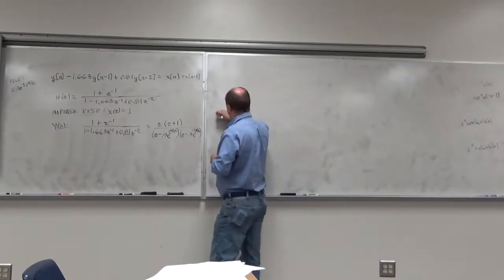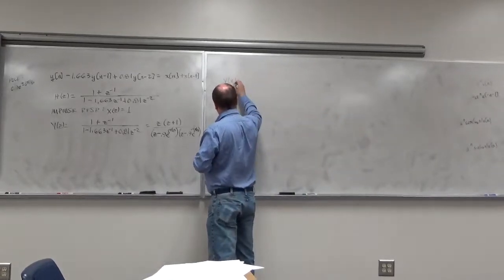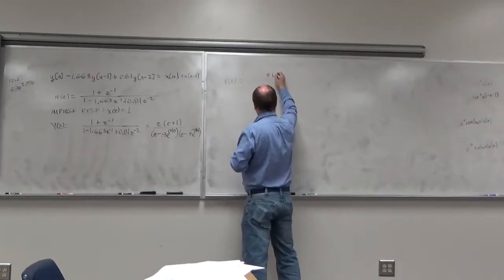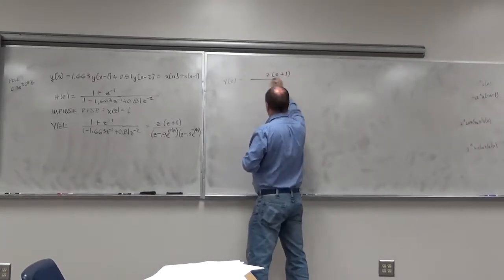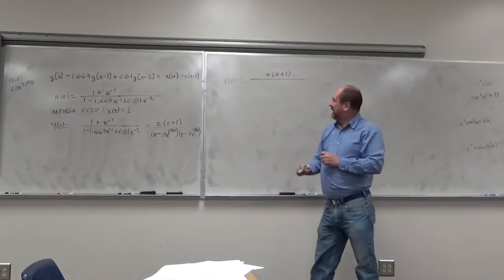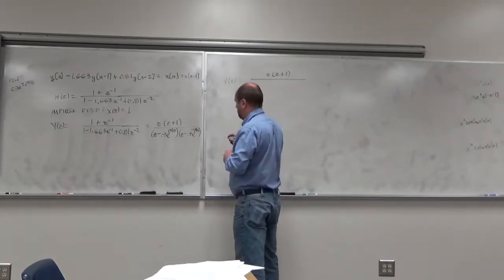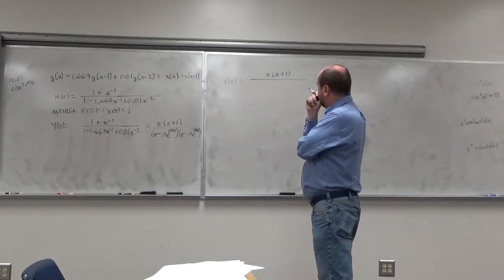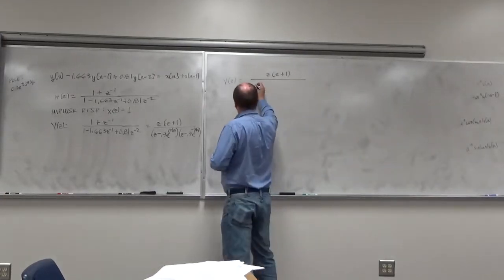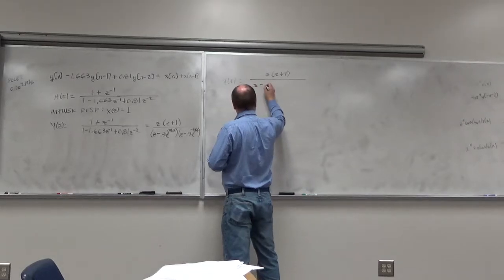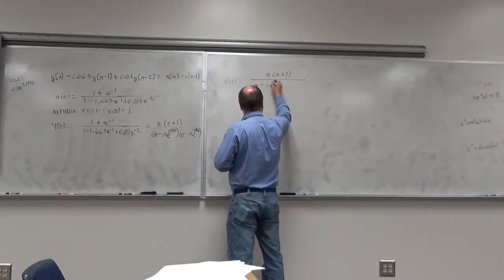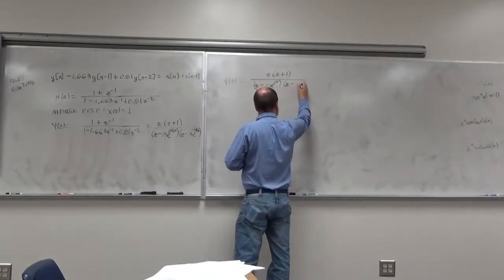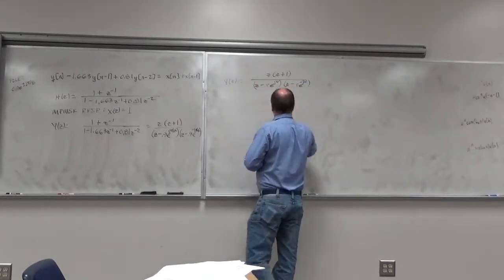So let's say that we have a Y of z, let's say it's z times z plus 1. I'll keep the same numerator. And in the denominator, I'm going to say it's z minus r e to the j omega and z minus r e to the negative j omega.